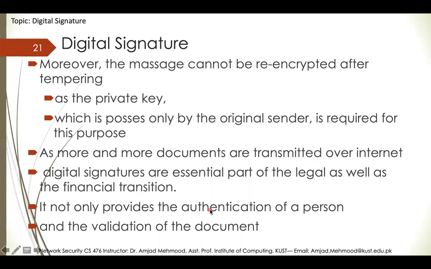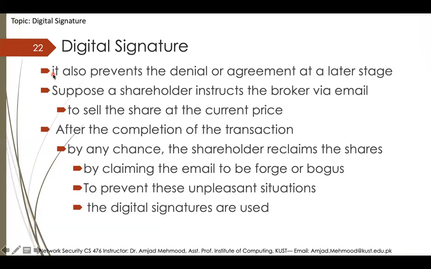It not only provides the authenticity of a person and validation of the document, but it also prevents denial of an agreement at a later stage.